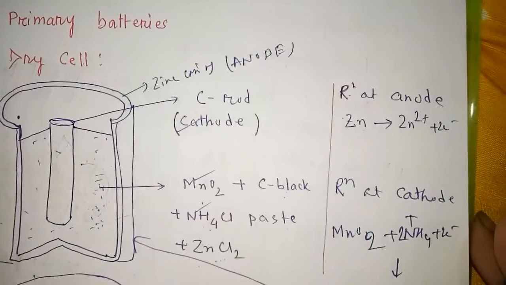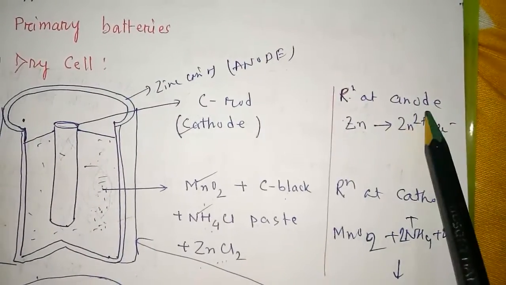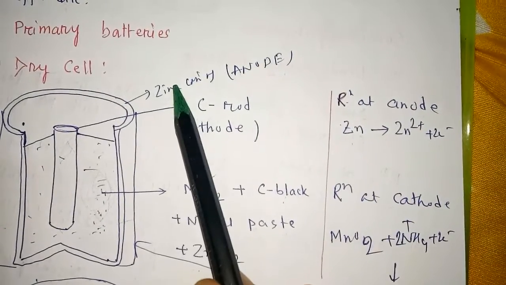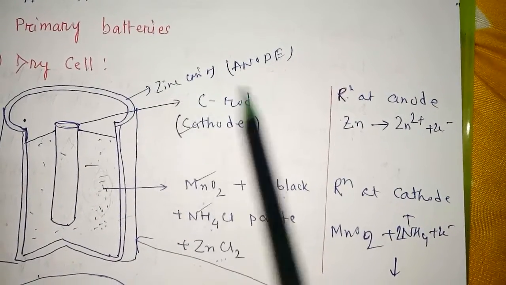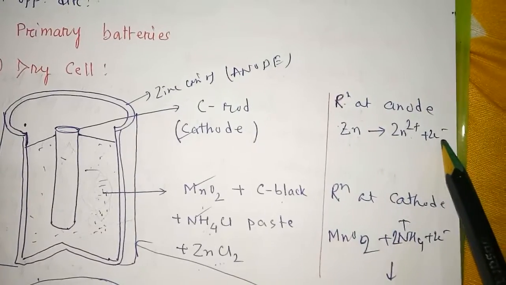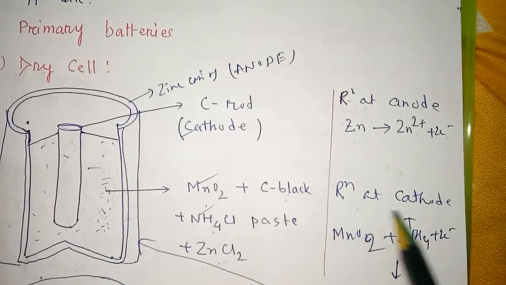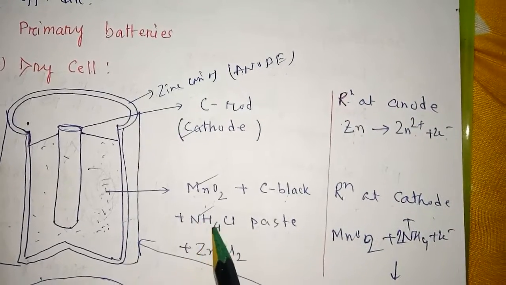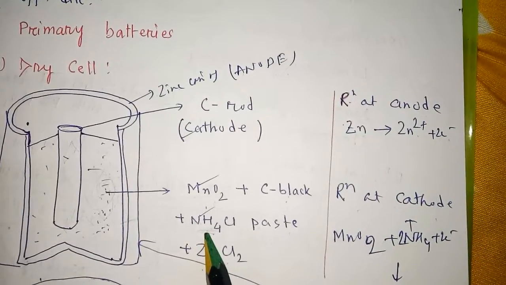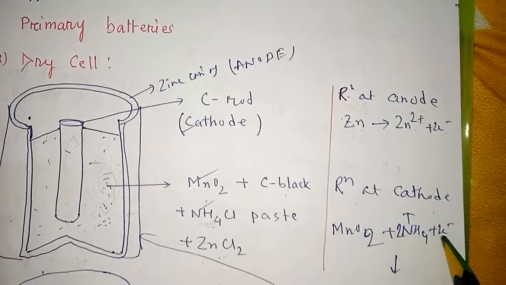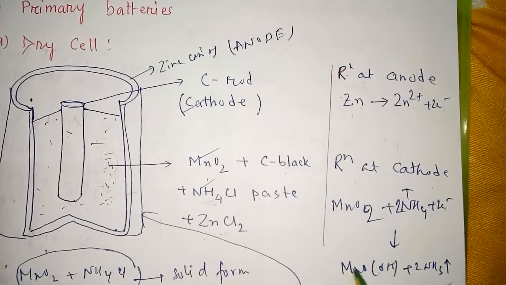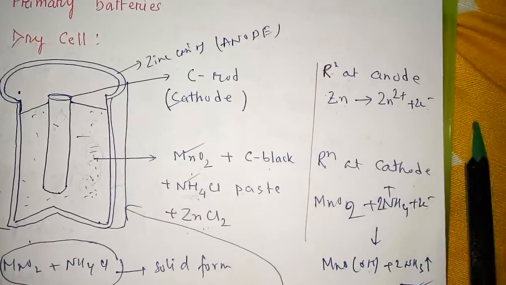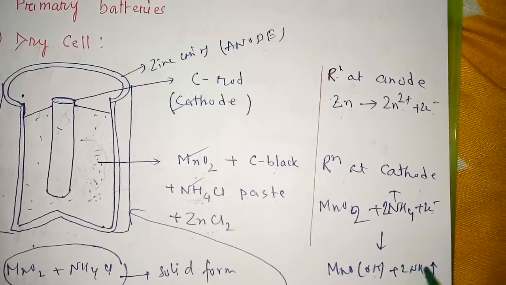Now what happens in this battery? The reaction at the anode: the anode is made of zinc, and zinc is converted to Zn2+ plus 2 electrons. Now the reaction at the cathode: MnO2 plus ammonium ion from here plus 2 electrons gives MnOOH, manganese oxide hydroxide, plus 2 ammonia.